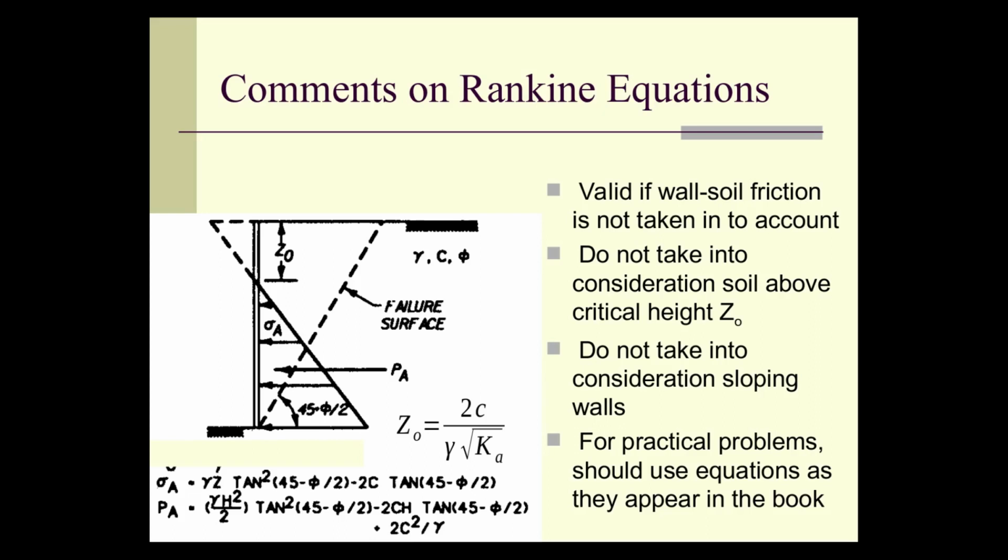There are some types of walls which are sloping. There are many of them which are not. And for practical problems, you can use the equations as they appear in both of your books. Actually, there are two in either one of them. I'm going to make a comment on Veroit's versus the Soils and Foundations Handbook. I would, as a general rule, use the Soils and Foundations Handbook formulation.